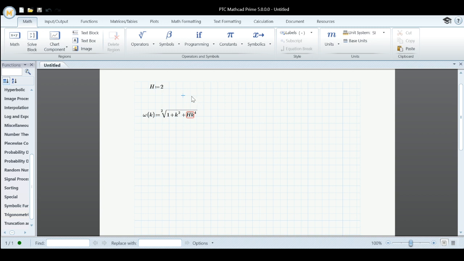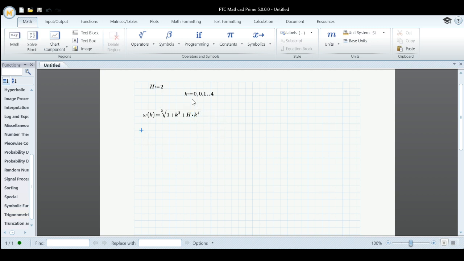Now the range of k varies from, suppose say, 0 to some value. So k colon varies from 0, comma 0.1, colon, suppose say 4. It was showing red because I didn't put the product sign. Put a product sign. Well done.